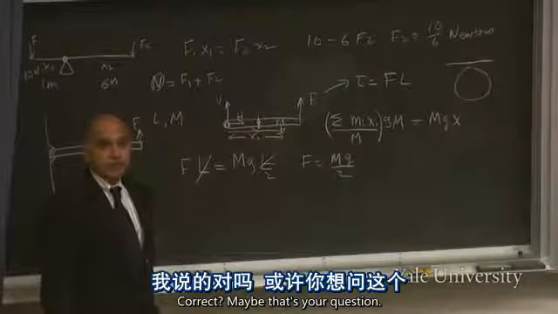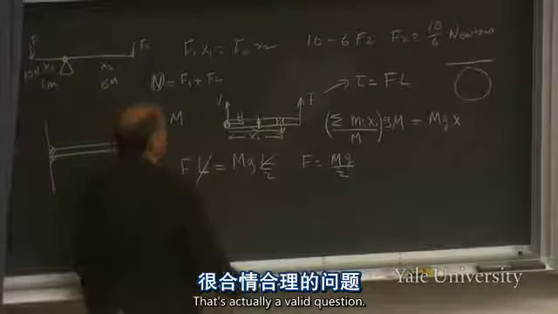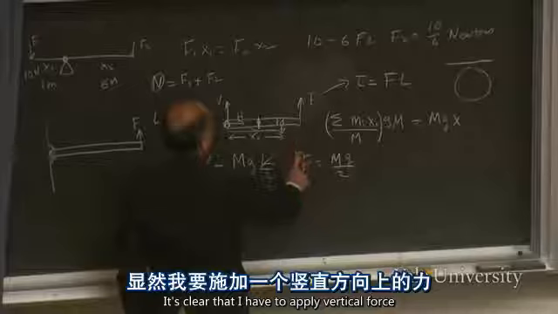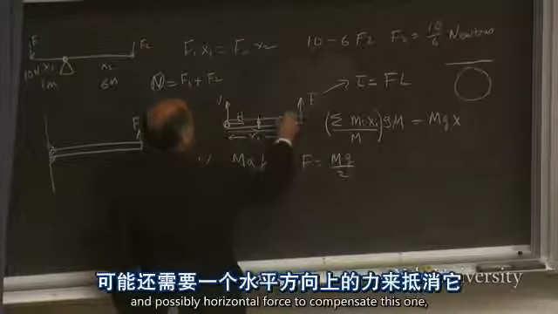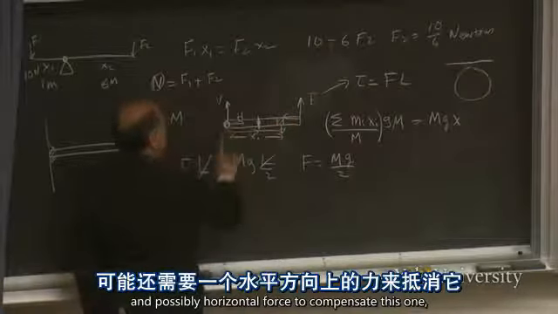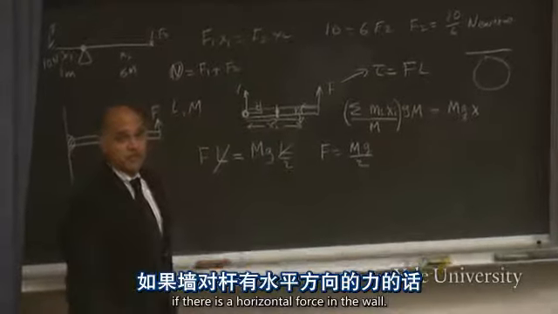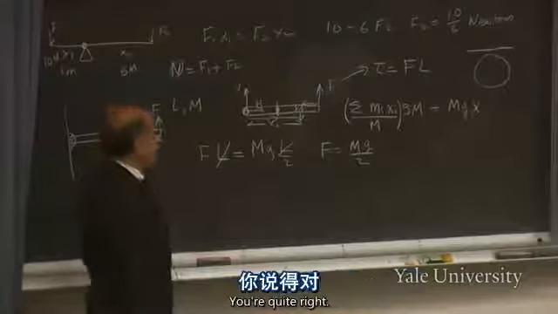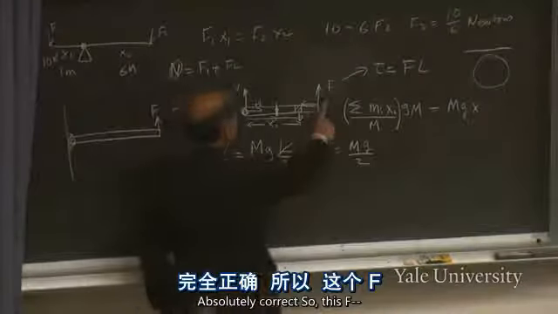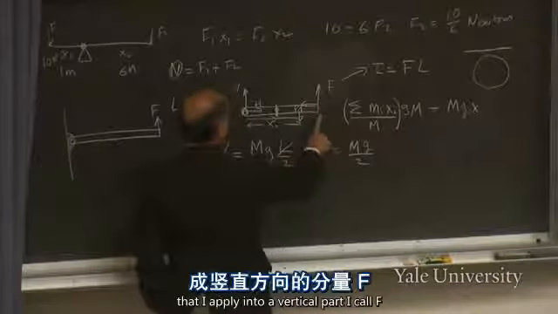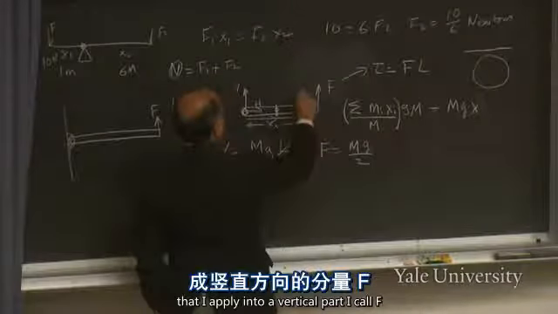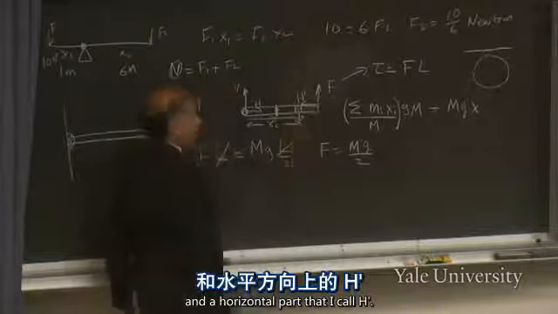Maybe that's your question. That's actually a valid question. It's clear that I have to apply a vertical force and possibly a horizontal force to compensate for this one if there is a horizontal force in the wall. You're quite right. Absolutely correct. So this F, I should also divide the force that I apply into a vertical part I call F and a horizontal part that I call H prime.